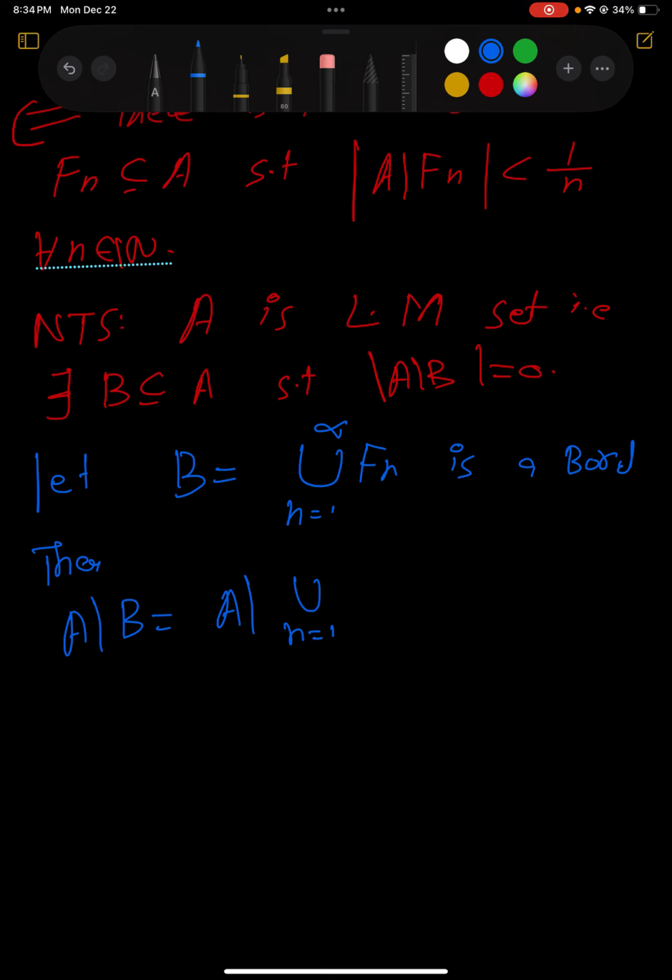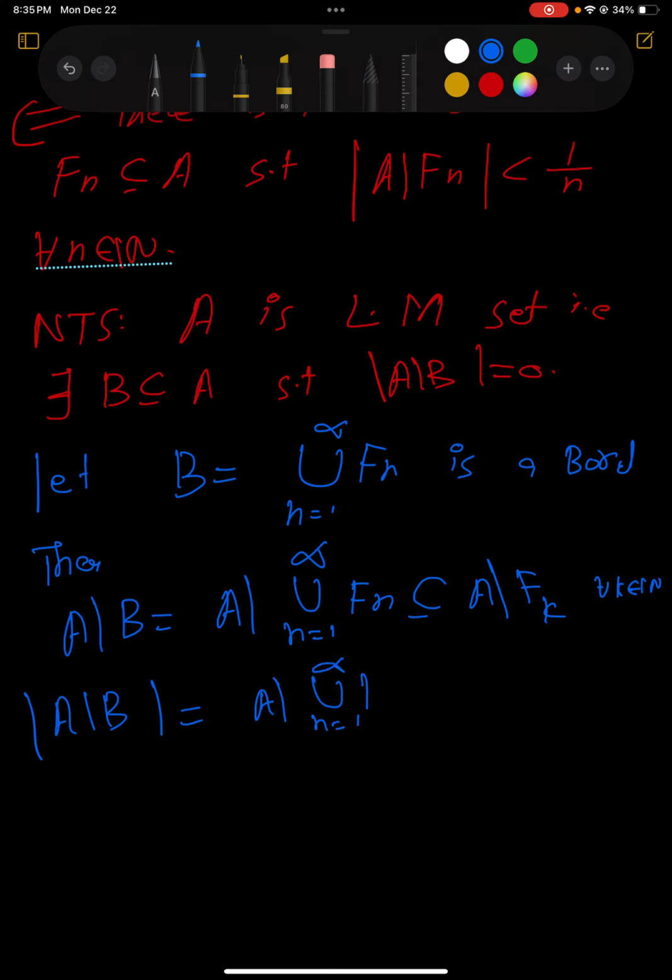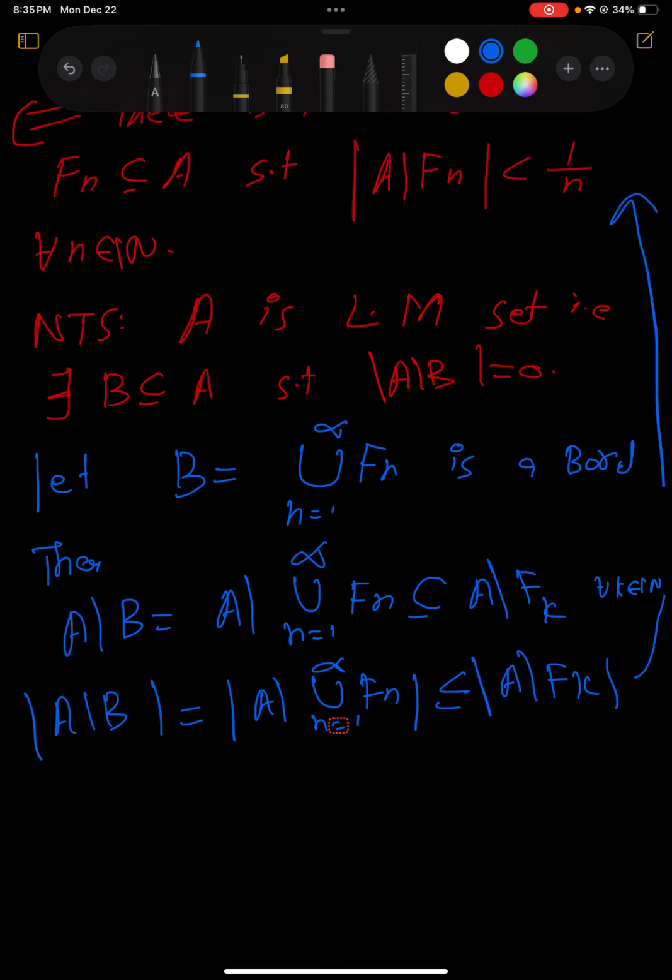A difference B is A difference the union of n equals 1 up to infinity of Fn, and this is contained in A difference Fk for all k belonging to N. Since this is a subset of A difference Fk, the outer measure of A difference B is less than or equal to the outer measure of A difference Fk, which is less than 1 divided by k.